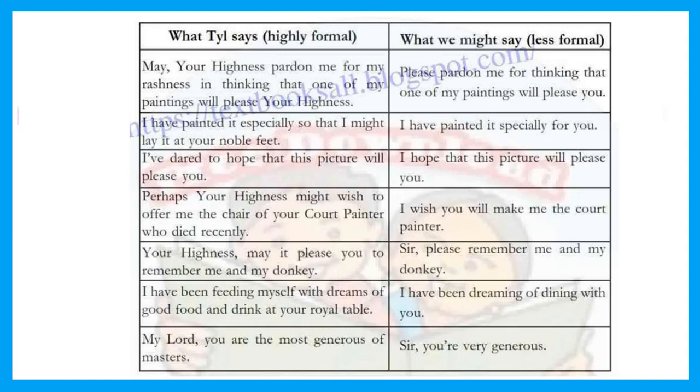I have been feeding myself with dreams of good food and drink at your royal table. Less formal: I have been dreaming of dining with you. My lord, you are the most generous of masters. Less formal: Sir, you are very generous.